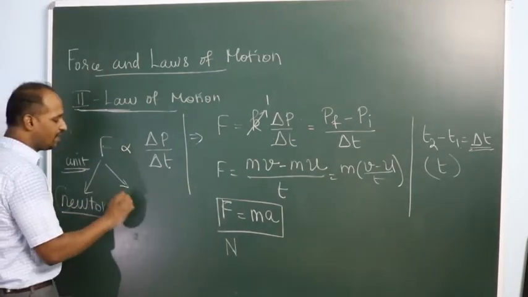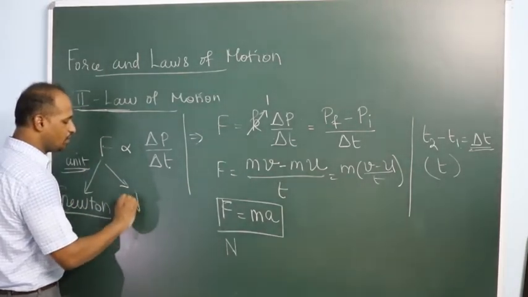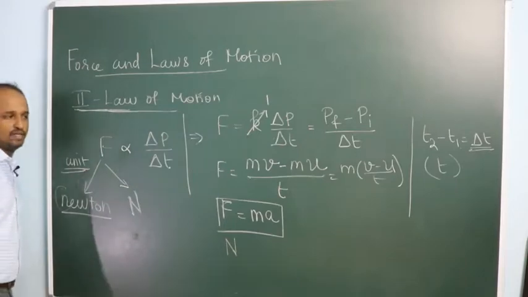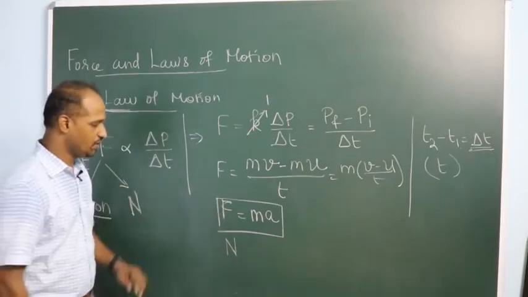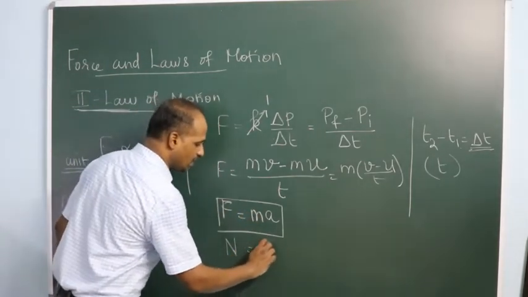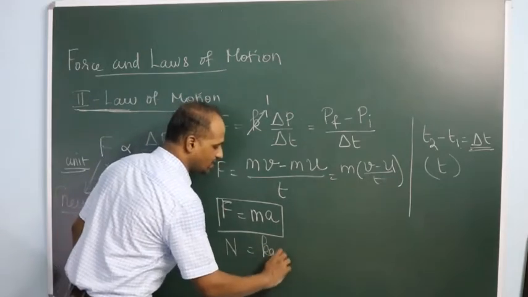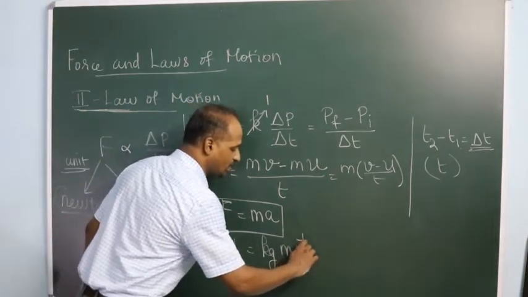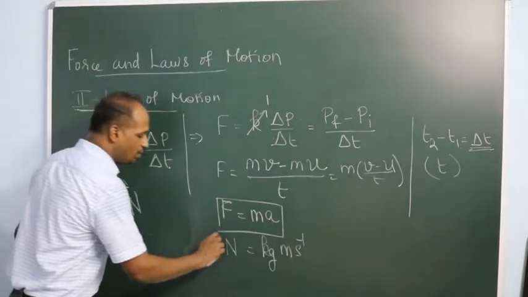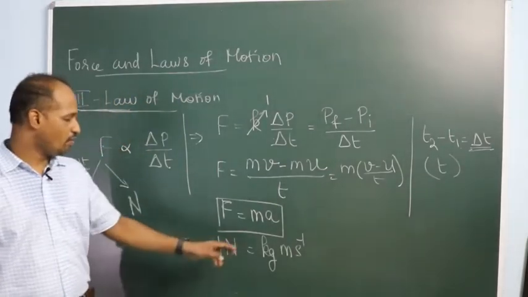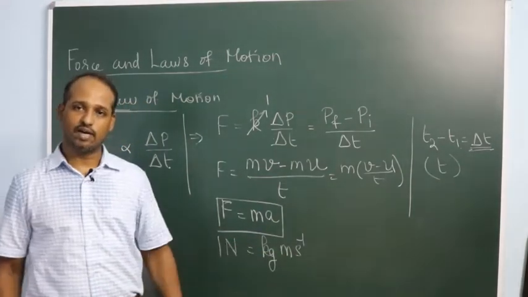When we abbreviate it, we use only the first letter, in capitals. So the unit of force is newton, the unit of mass is kilogram, and the unit of acceleration, as we saw in the last chapter, is meter per second square. So 1 newton is 1 kilogram meter per second square.